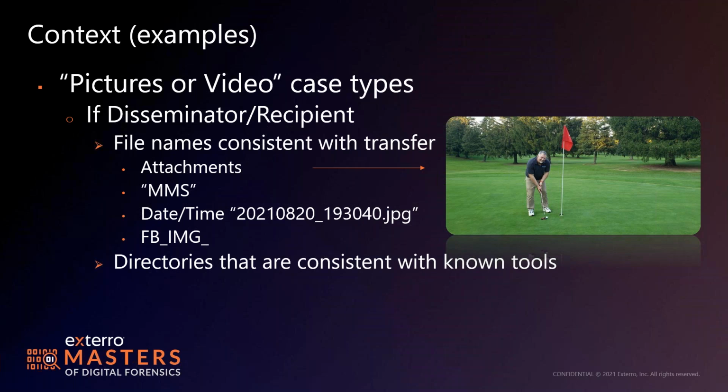So I go looking for pictures or video that have names or prefixes consistent with a transfer. You know, a lot of older phones still will use an MMS prefix for a file saved from an MMS text message. If you're looking at Facebook, Facebook Messenger, everything's prefixed with an FB_IMG. Others will just have an IMG underscore for other types of camera or transfer apps.